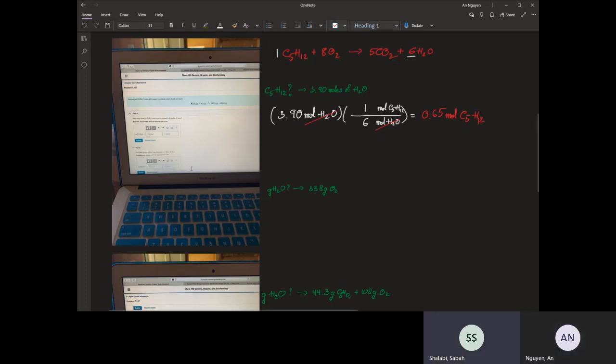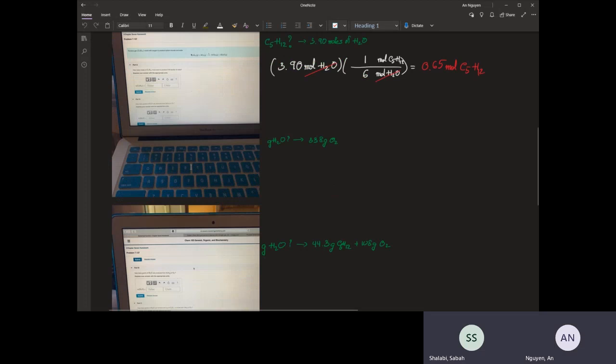Okay. And then for B, it's asking how many grams of H2O are produced from 33.8 grams of oxygen. So similarly, but first we have to convert that to moles. So 33.8 grams of oxygen.